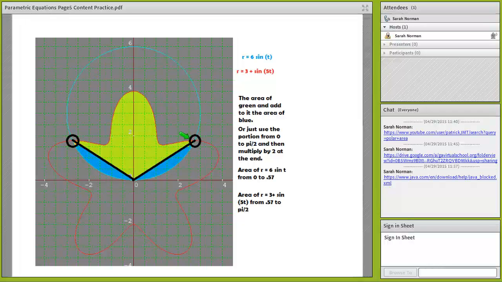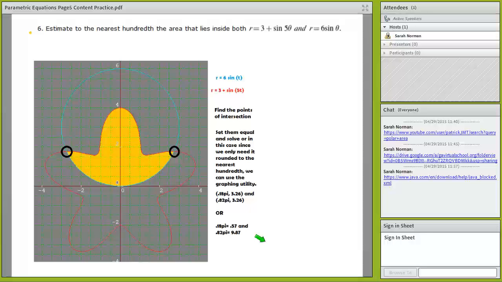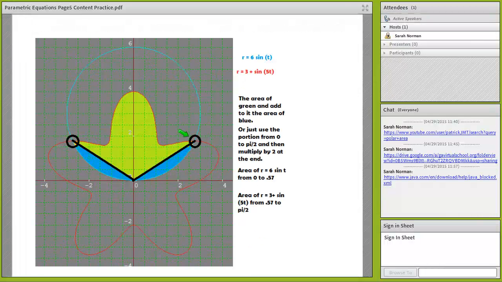So this is the area of the circle from 0 to, what point was that again? Do you guys remember? It was 0.57. Let's go back up to the previous page and make sure. Yes. So this point had a value of 0.57.